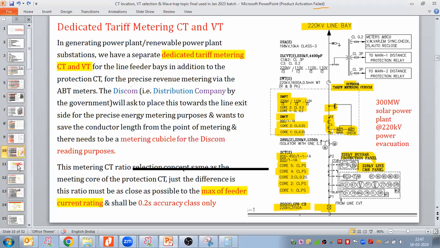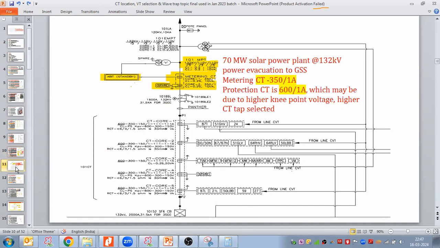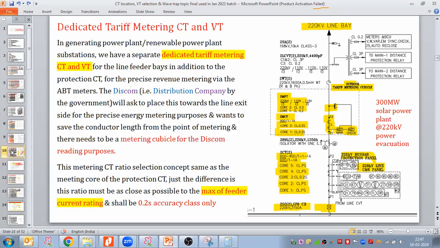Okay, let me take another example. Here, this is a 70 megawatt solar power plant. And they cannot take 800 exactly. And the power factor also will take a major role, right?